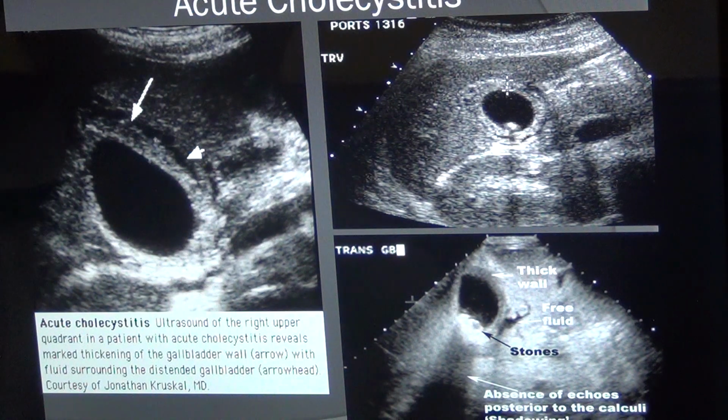Now, when there is gallbladder infection, you have to look at the gallbladder wall and the gallbladder lumen. The gallbladder wall gets enlarged, thickened. Normal gallbladder wall thickness, in the distended condition, should not exceed 3 millimeters, outer to outer.